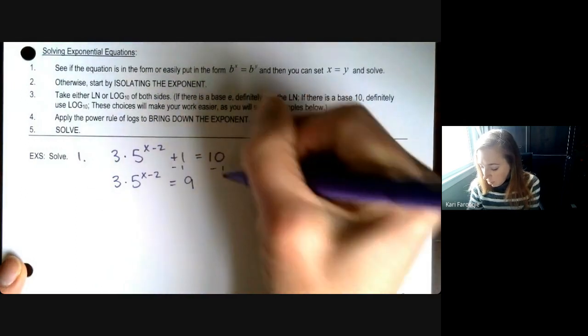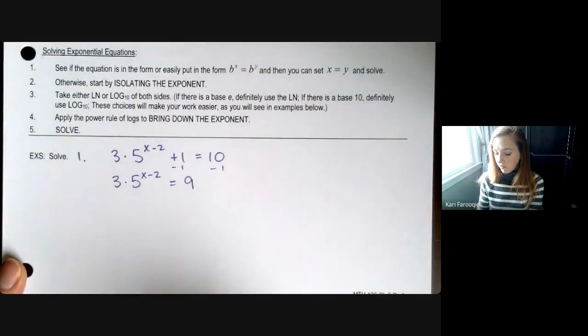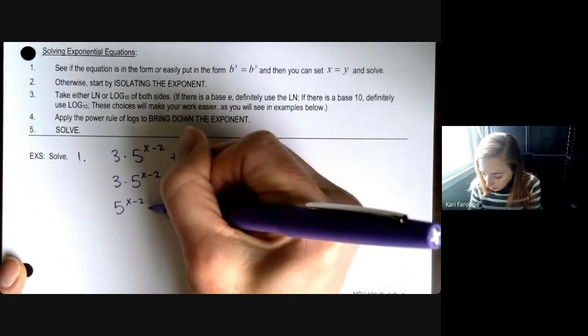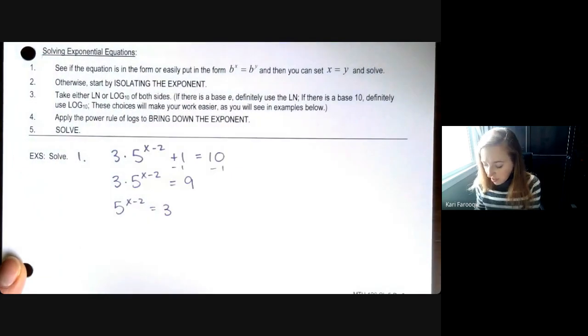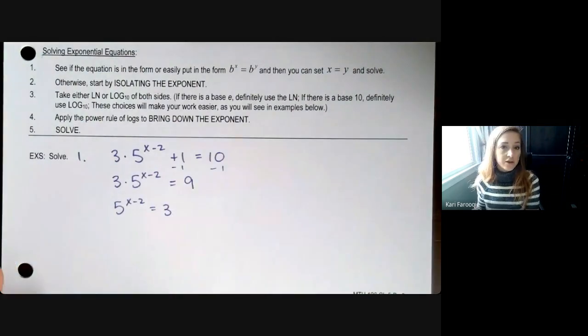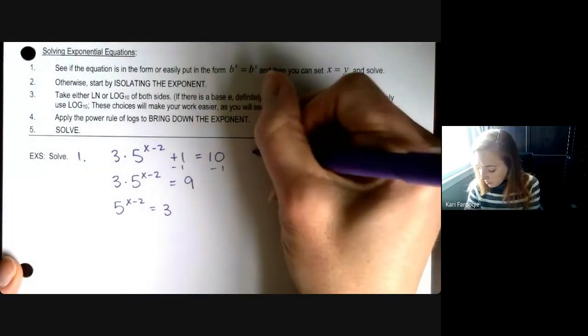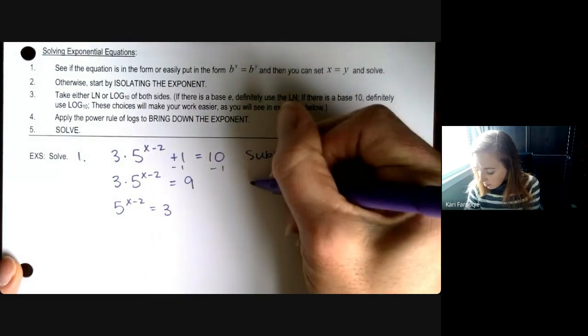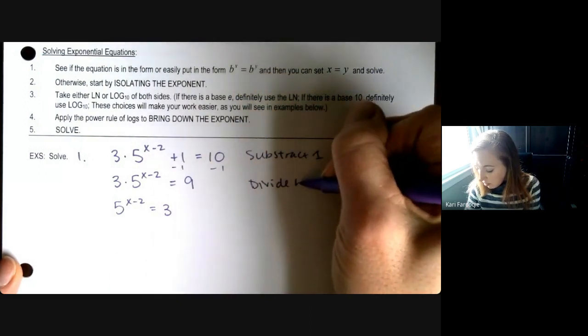So when I subtract 1 from both sides, that leaves me with 9 on the right-hand side. Now, to get the exponential expression by itself, I'm going to divide both sides by 3. So 9 divided by 3 is 3. So the first step was subtract 1, and the second step is divide by 3.